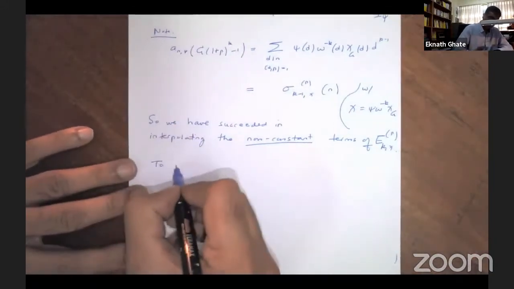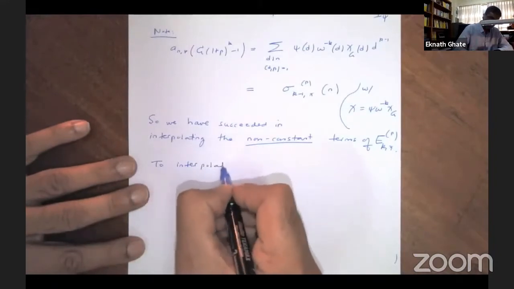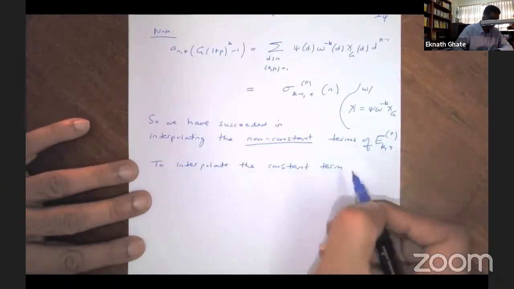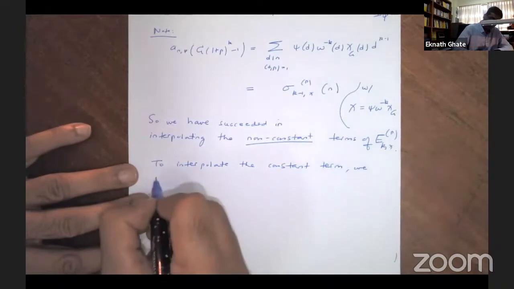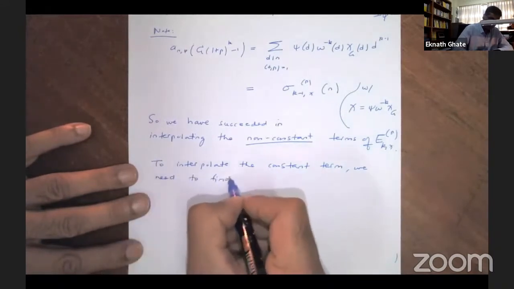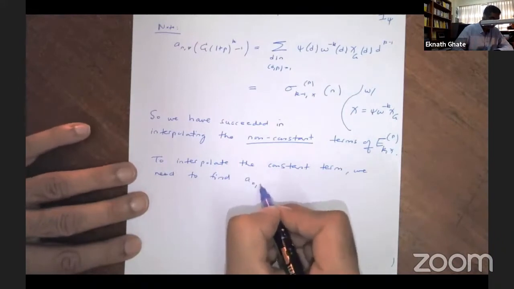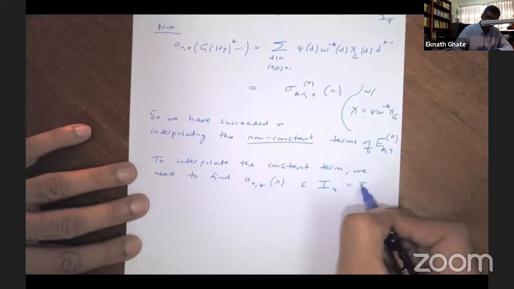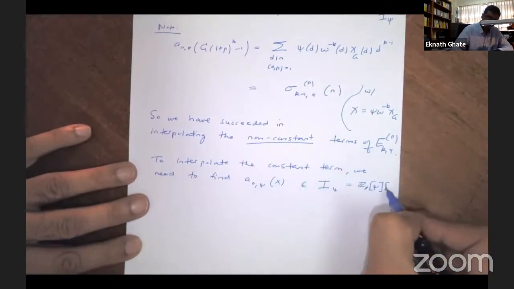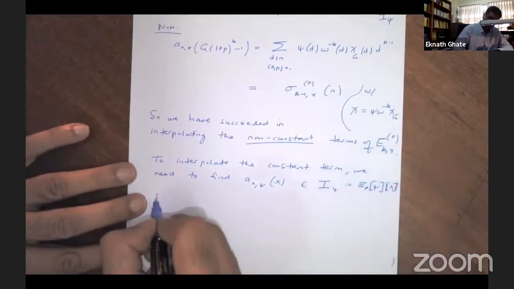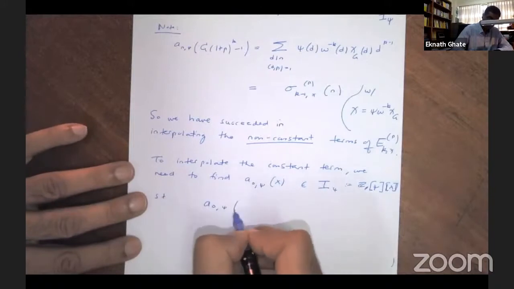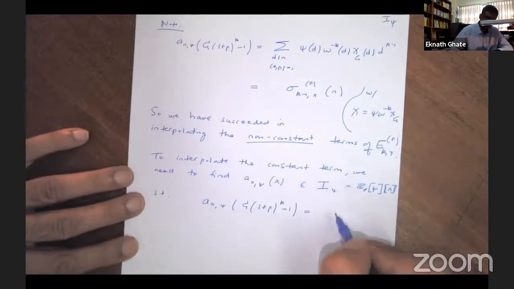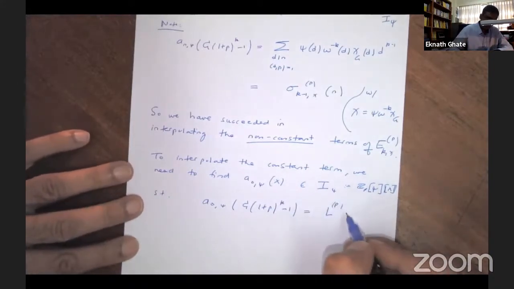Okay, so to interpolate the constant terms, we need to find another power series A0 psi of x belonging to I psi, which is Z_p psi power series in x, such that A0 psi of zeta 1 plus p to the k minus 1, the standard specialization, is the p deprived Dirichlet L value.